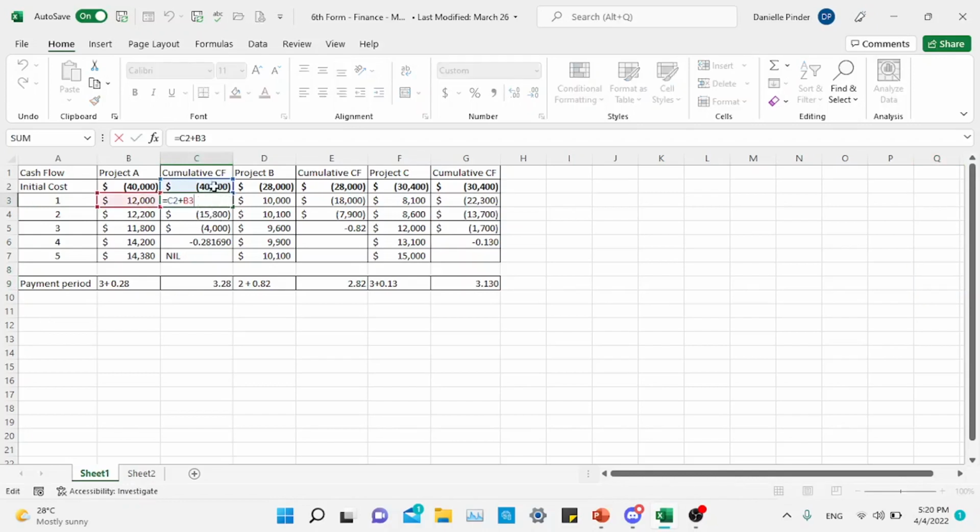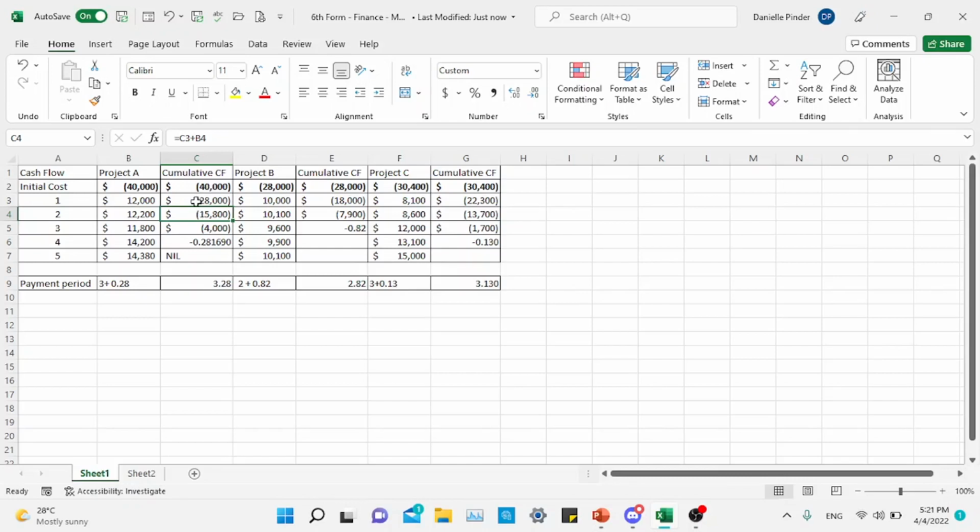So when I subtract the 12,000 from 40,000, I get 28,000, right? So I have 28,000 left to retrieve.